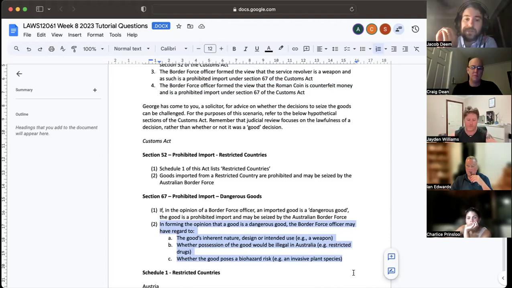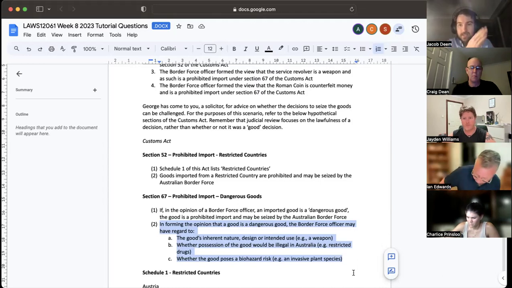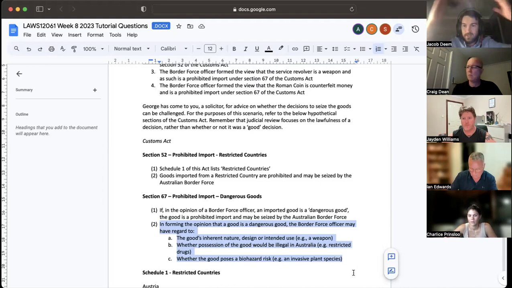But it's not open to us to straight up say the decision maker lacked the authority to decide that it was a dangerous good, and lacking that authority wasn't allowed to seize the coin. We have to look for different avenues and different pathways that hopefully still reach the same destination, but it's just not open to us to attack that particular issue.